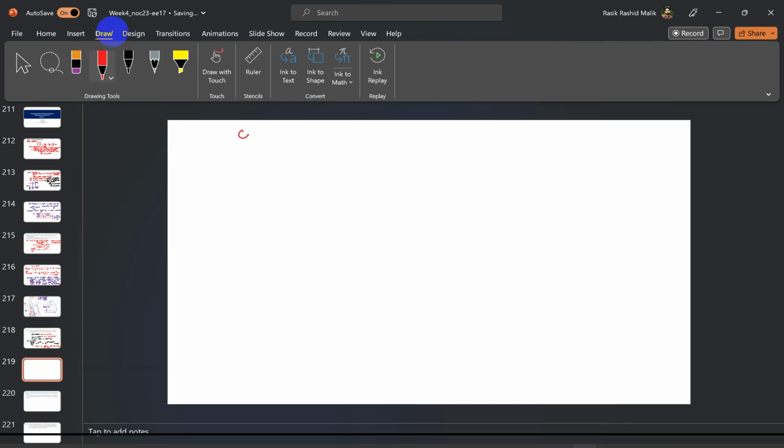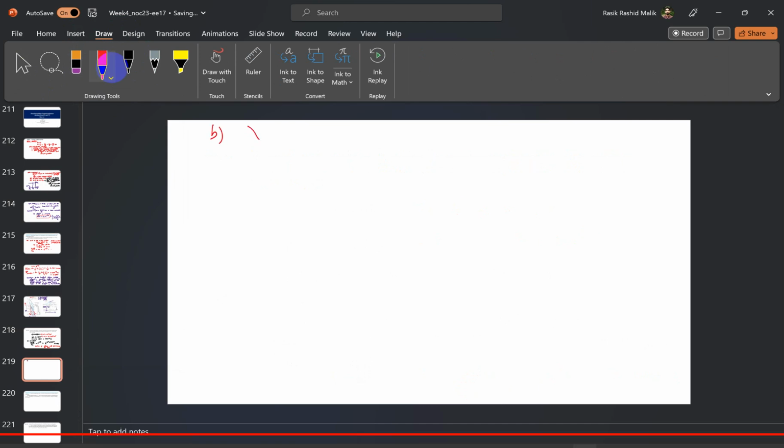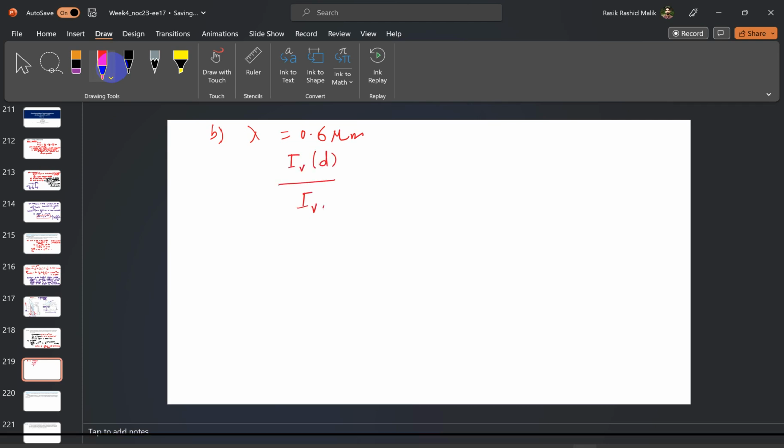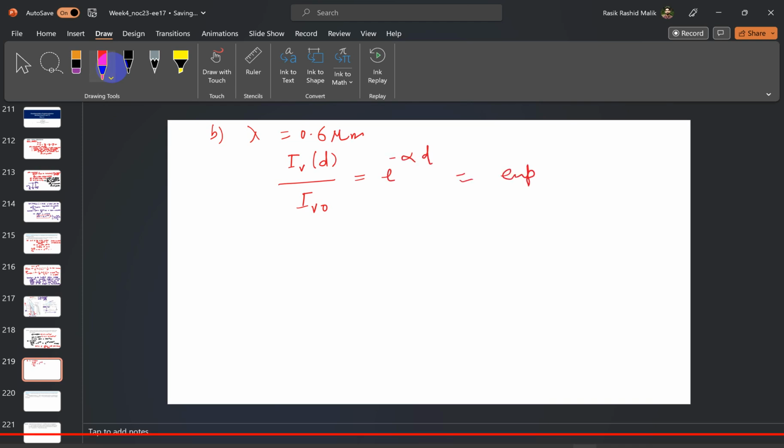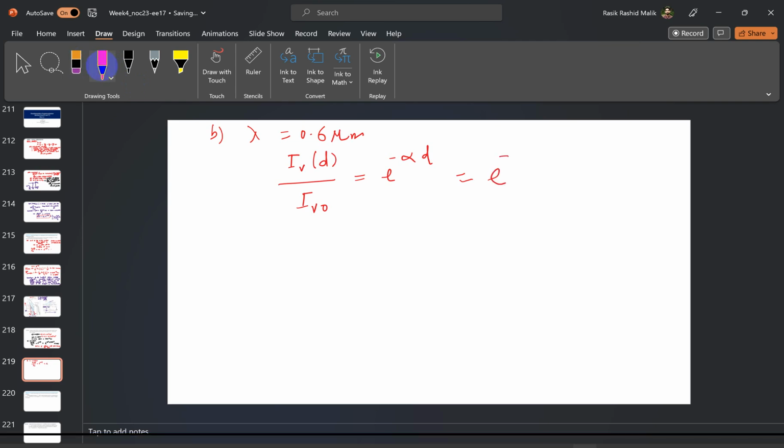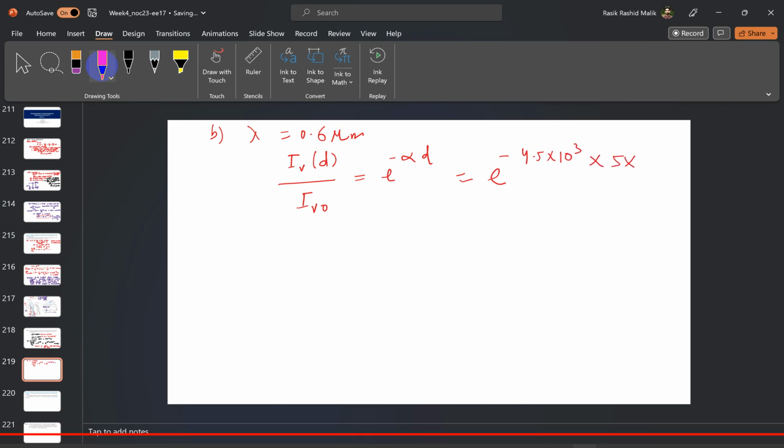Case 2, when lambda is equal to 0.6 micrometer. So for this case, e power minus alpha d, that is exponential of minus, we already calculated alpha for this as 4.5 into 10 to the power 3, and d is 5 into 10 power minus 4.